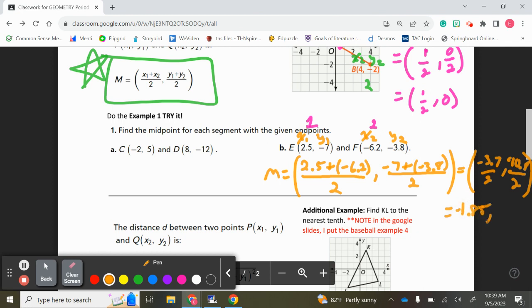And then what's negative 10.8 divided by 2 going to be? Good. Negative 5.4. There we go. So there's your midpoint. So that was the more difficult one.